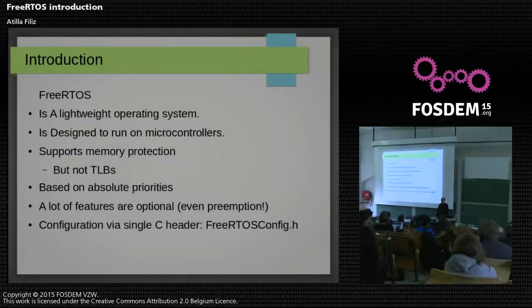It puts tasks in absolute priorities, which means a higher priority task always preempts a lower priority task. Even preemption is optional, so you can slim it down to pretty small sizes. And all the configuration is done by a C header. As I will show ahead, it's basically a bunch of defining some symbols.